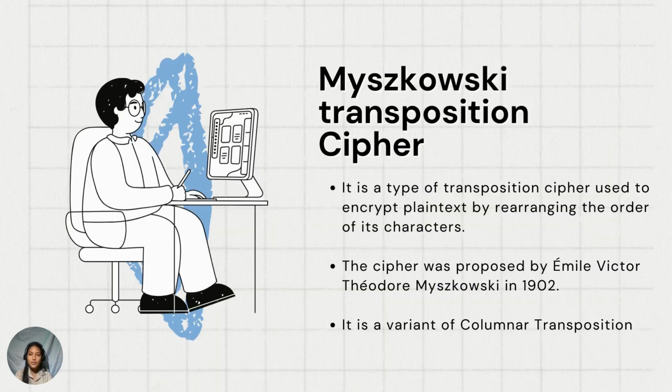Now let's talk about the main topic of this video. As mentioned earlier, the Myszkowski transposition cipher is a type of columnar transposition cipher invented by Emil Victor Theodor Myszkowski in 1902. It is a type of transposition cipher used to encrypt plaintext by rearranging the order of its characters.